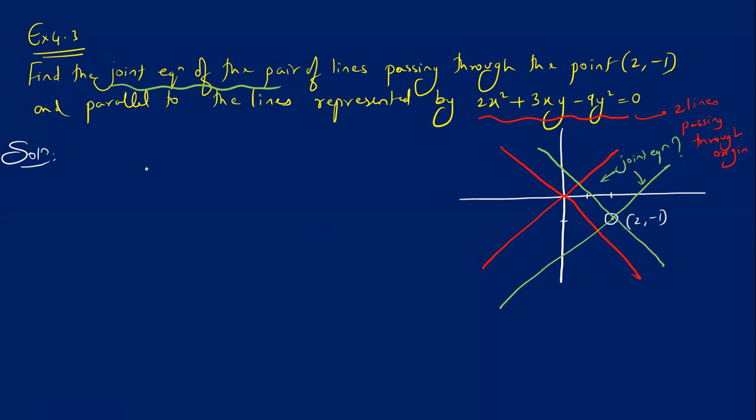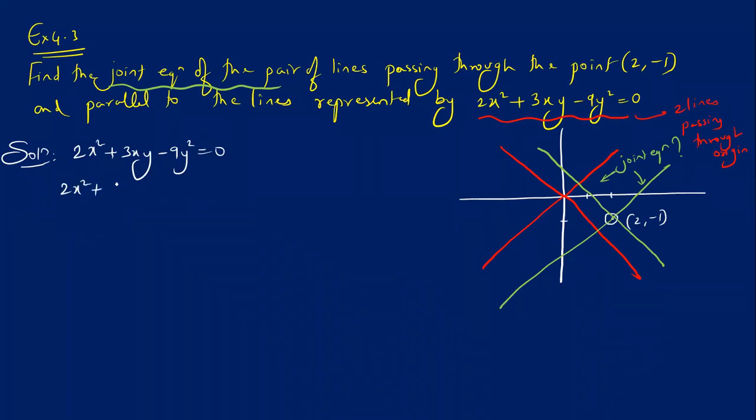To find the answer, I'll first find the slopes of the two given lines, the red ones. If the given equation is factorizable, for example 2x² + 3xy - 9y² = 0, I can factorize it. 2 nines are 18, 6 threes are 18.